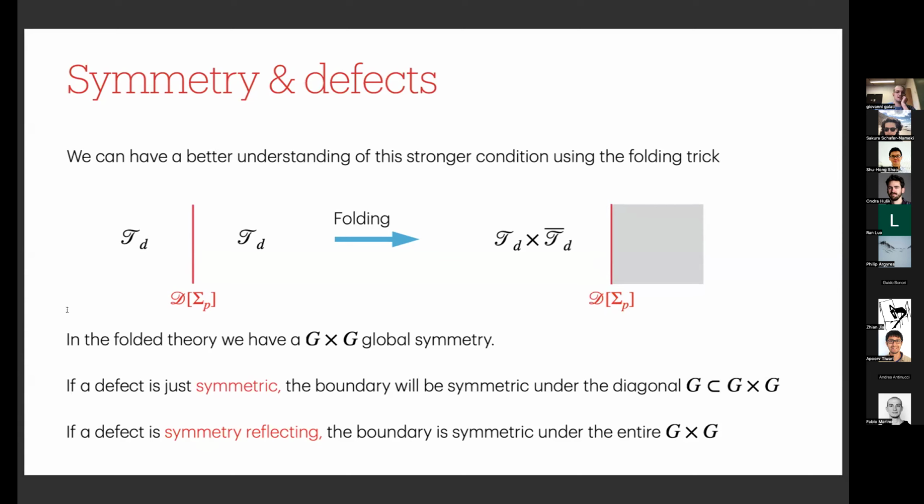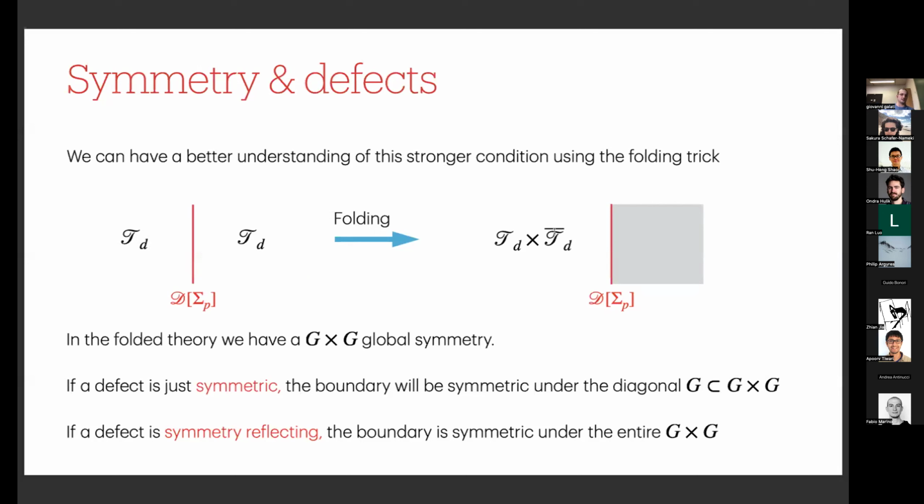So in this situation, it's clear that if the theory had a global symmetry G, then the folded theory will have a global symmetry G times G. And one can check that if the defect was symmetric, this implies that the boundary condition now will be symmetric just under the diagonal combination of the two G, the one that acts in the same way, well, with opposite charges on the degrees of freedom of T and the one of T bar.